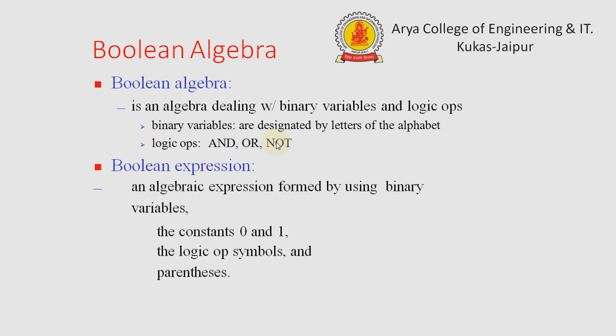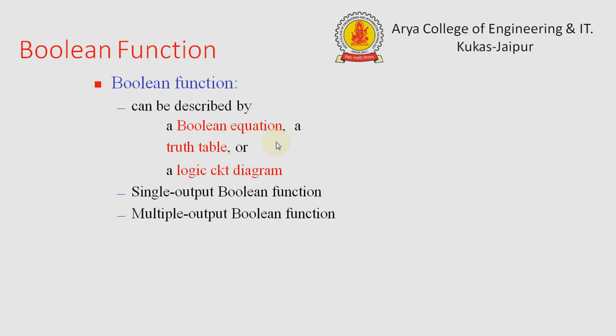Boolean algebra is an algebra dealing with binary variables and logic operations. Binary variables are designated by letters of the alphabet, and logic operations are AND, OR, NOT. So Boolean expressions are algebraic expressions formed by using binary variables, the constants 0 and 1, the logic operation symbols, and parentheses.